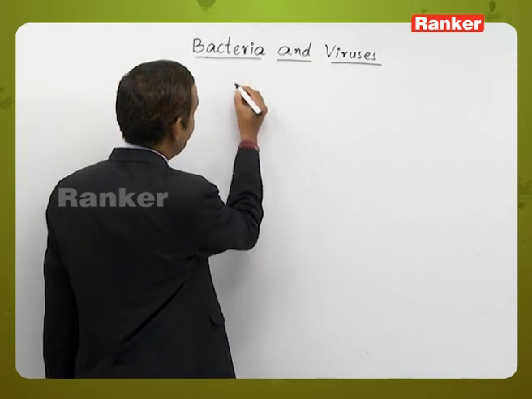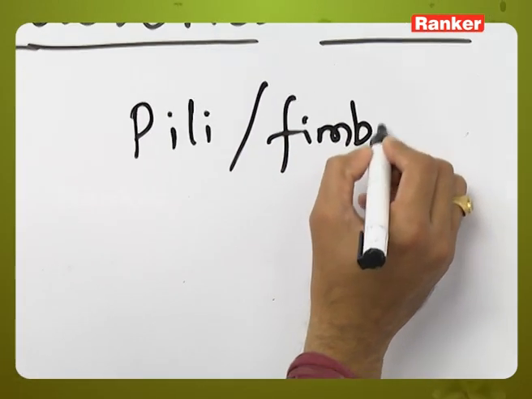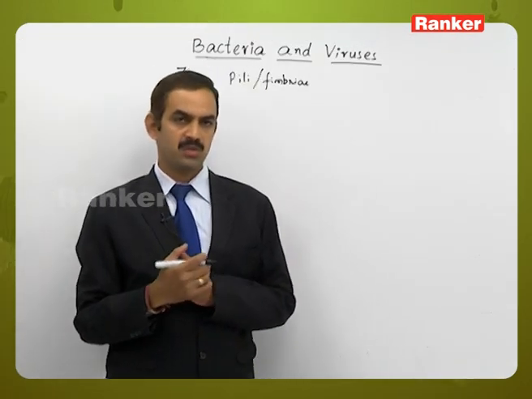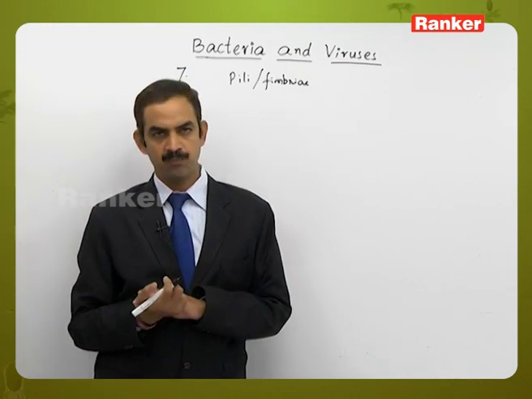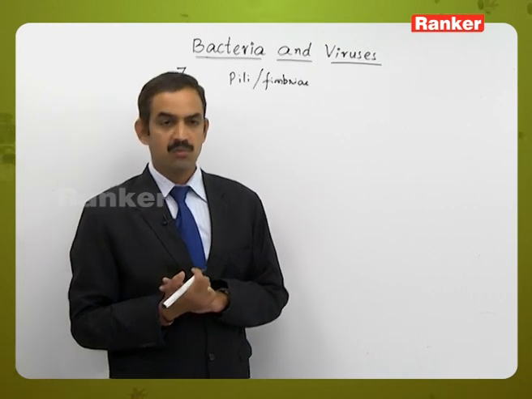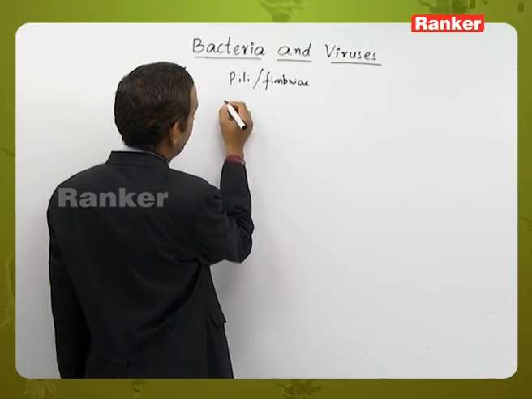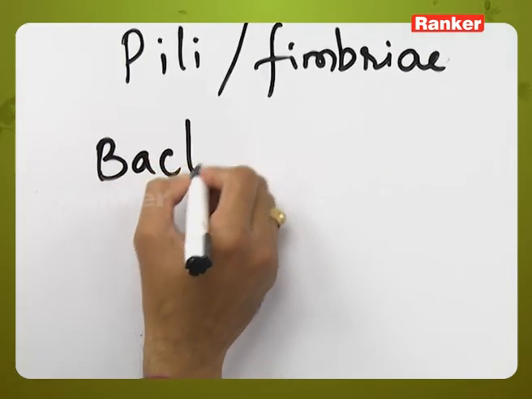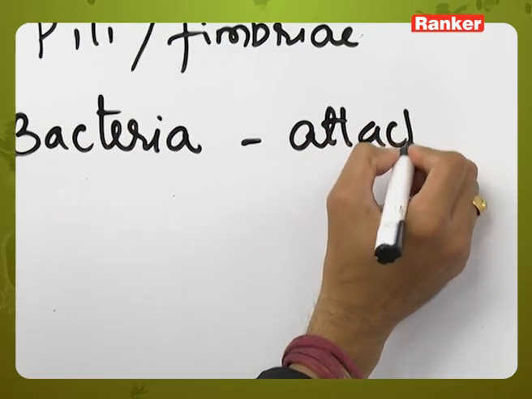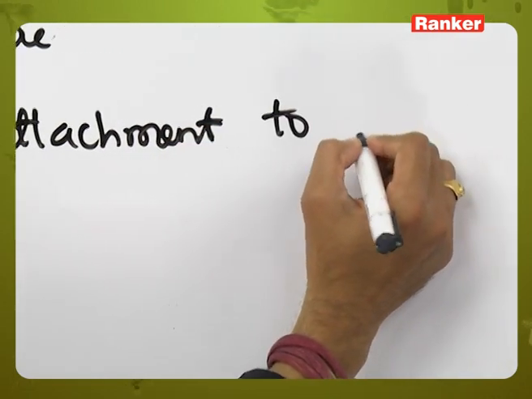This is the appendage present on the surface of the bacteria, the structures present outside the cell wall. These surface appendages are concerned with two functions. For example, if a bacterium has pili or fimbriae, they will help in attachment to the surface.